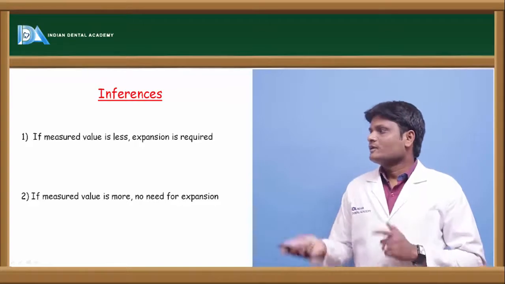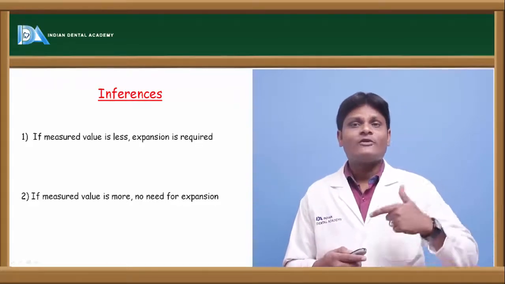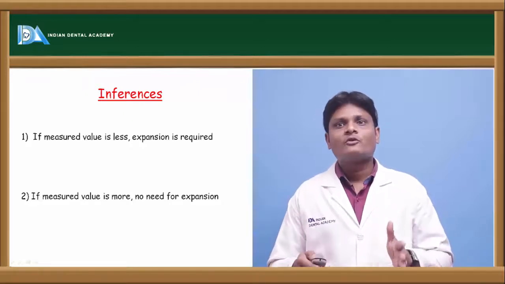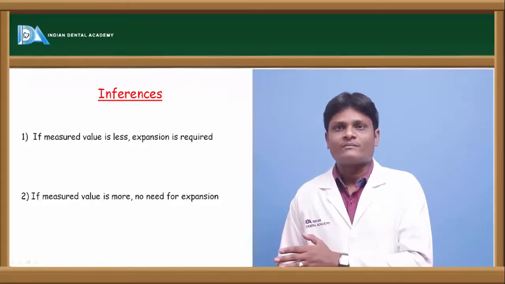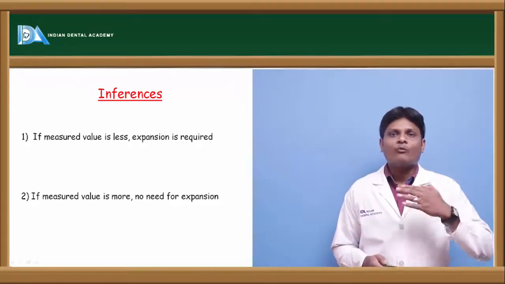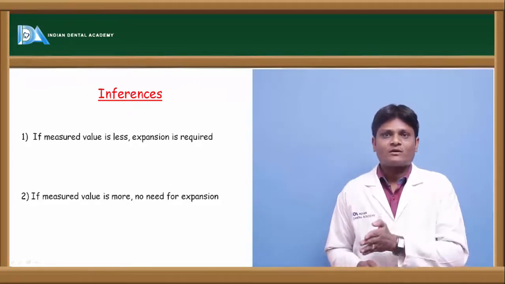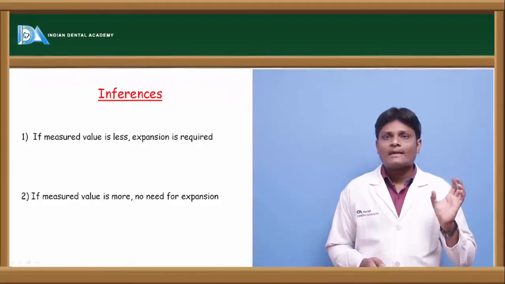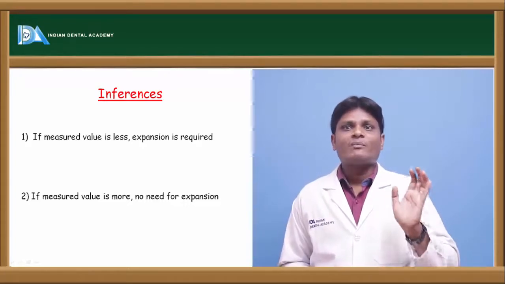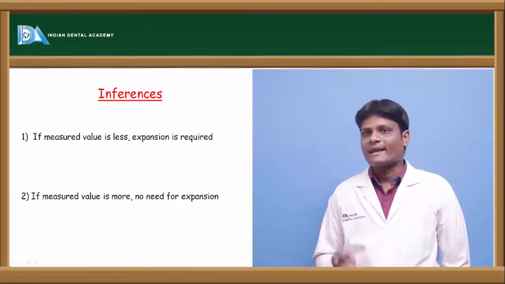If the measured value is more than the calculated value, that means the width of the arch is already more than it is supposed to be, so there is no need of expansion. So Pond's analysis mainly gives an idea of whether we need to expand an arch or not, based upon calculation of the ideal values of the width of the arch from the four maxillary incisors. This is Pond's analysis.